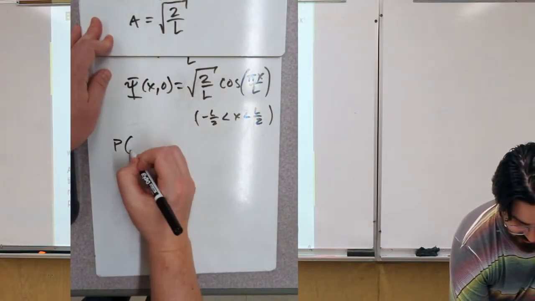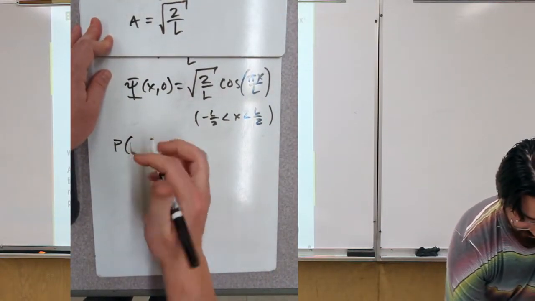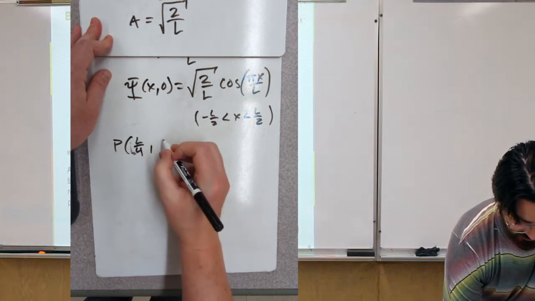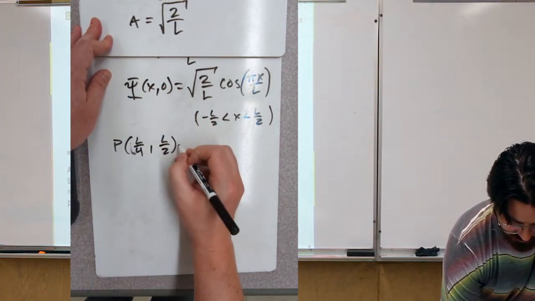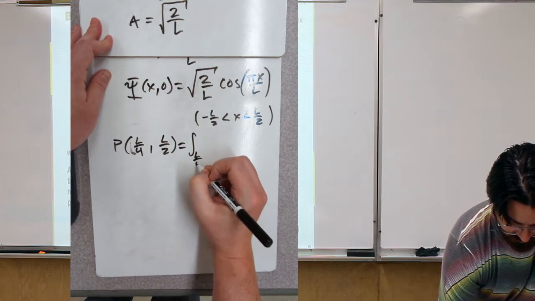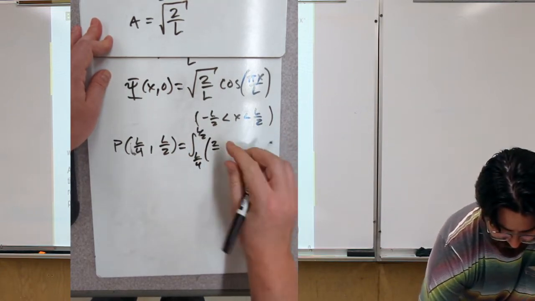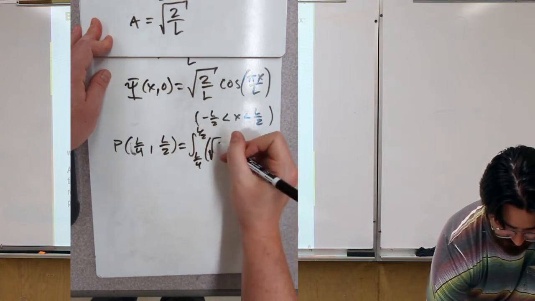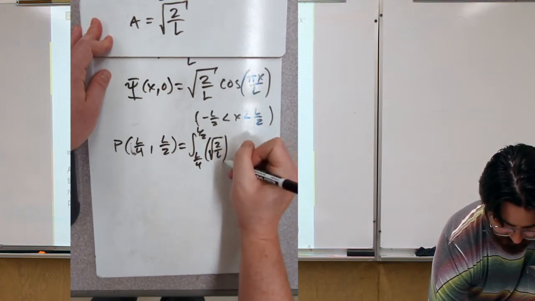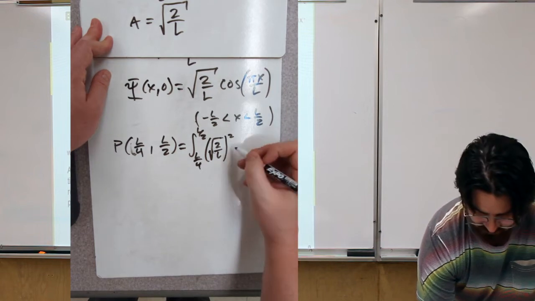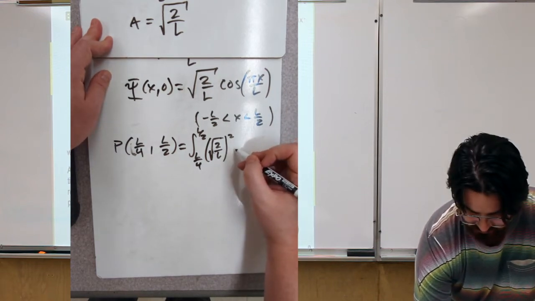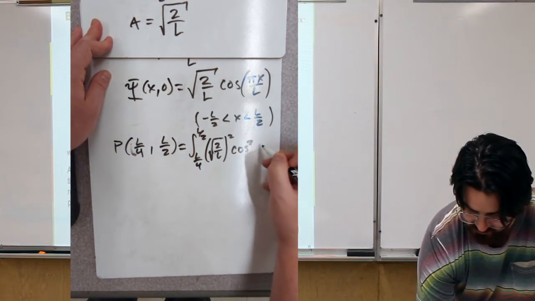That probability is going to look like the integral from L over 4 to L over 2. Now, when you square the wave function, that amplitude part gets squared, and the cosine gets squared.